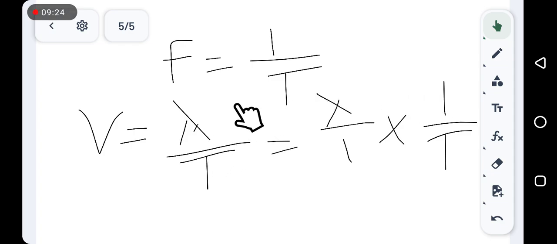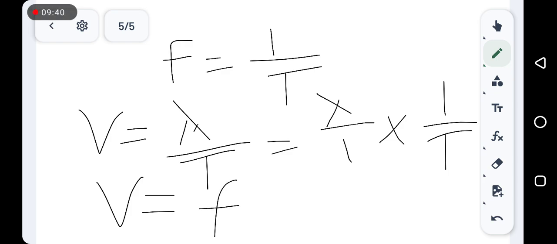So in this case, we can now replace this 1 over T with F, since F is equal to 1 over T. And so we can now write that V is equal to F lambda. So this is the equation connecting velocity, frequency, and the wavelength of a wave. Now let's solve one question on this.